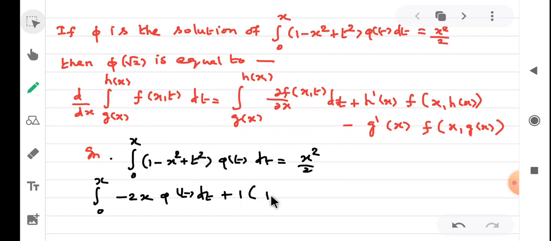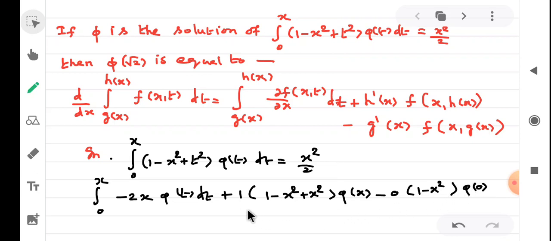So it will become 1 minus x square plus, instead of t I need to replace x, into phi of x, minus derivative of the lower limit 0, it will become 0, and then replace the t by lower limit 0, so it will become 1 minus x square plus 0 into phi of 0.